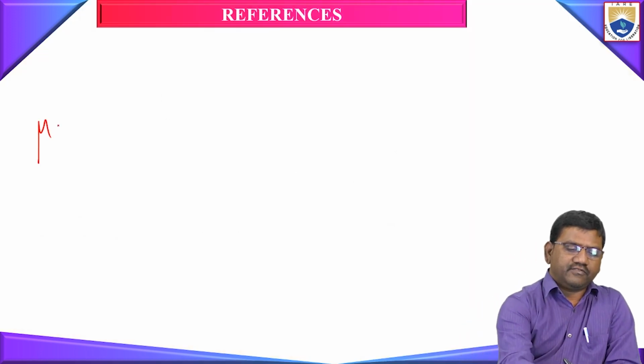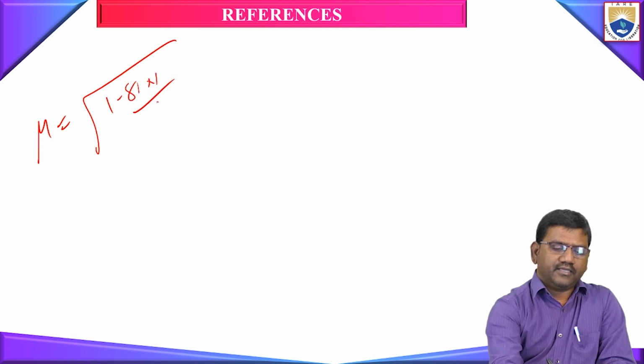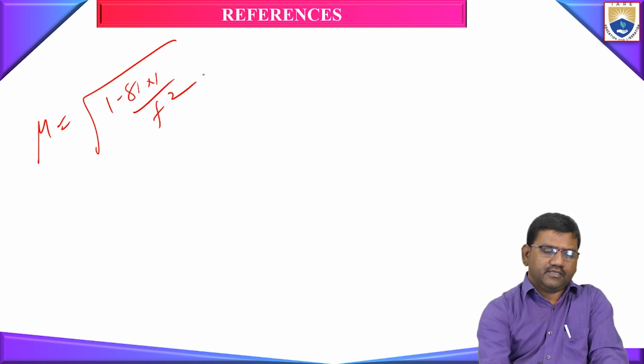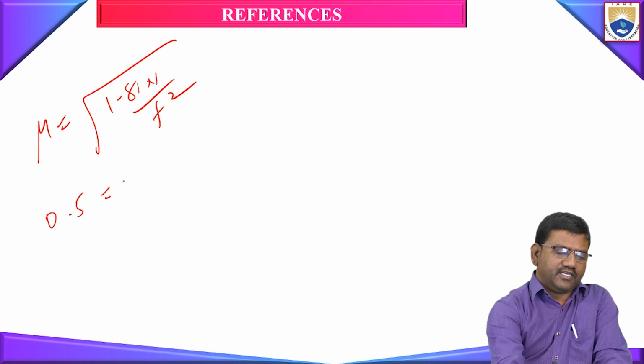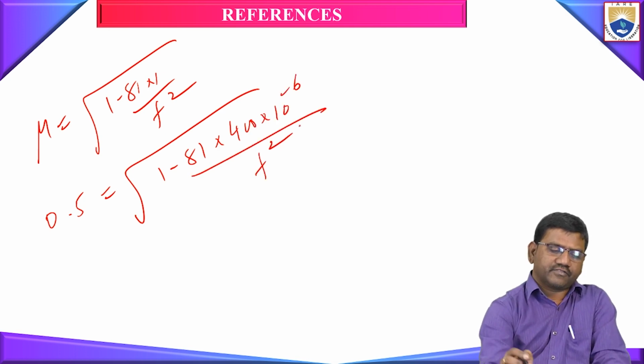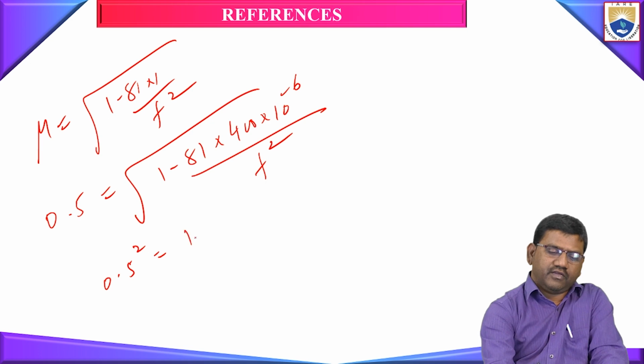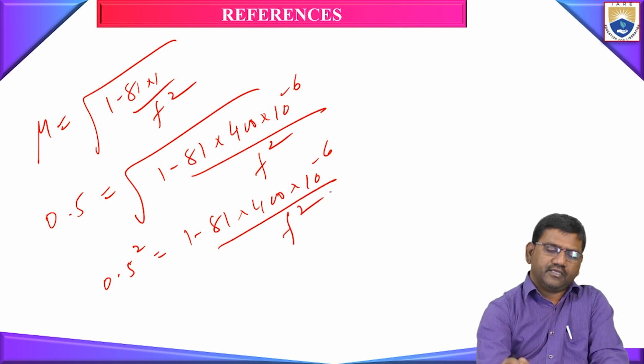Here mu is equal to root of 1 minus 81 n by f square. So the value of mu is given as 0.5. This is equal to root of 1 minus 81 into 400 into 10 power minus 6 divided by f square here. Squaring on both sides you will get 0.5 whole square is equal to 1 minus 81 into 400 into 10 power minus 6 whole divided by f square.